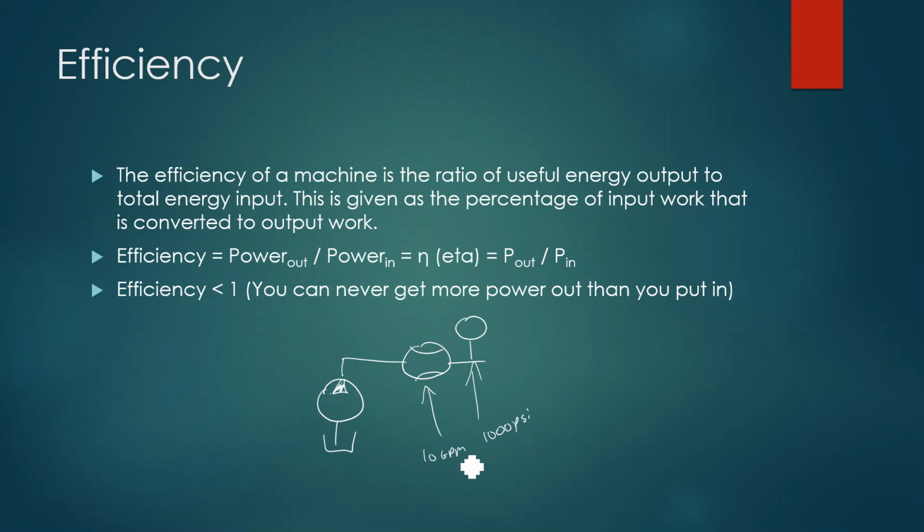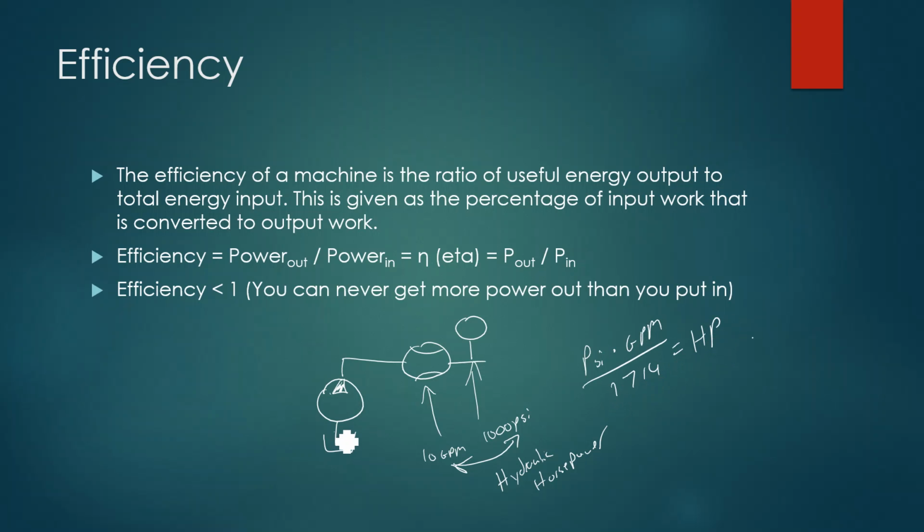We can use these two terms to find power, in this case hydraulic horsepower. So we can do pressure in PSI times GPM divided by 1714 equals horsepower.